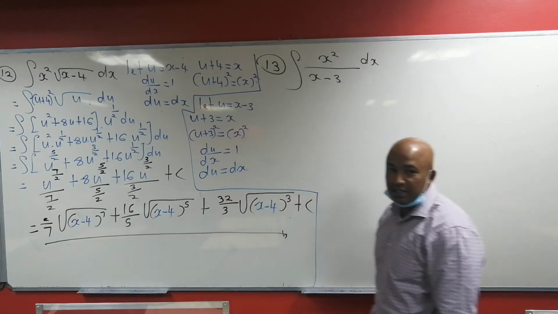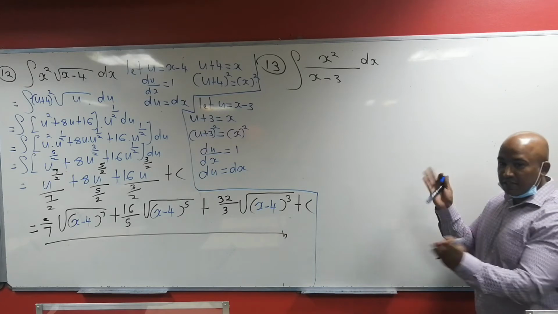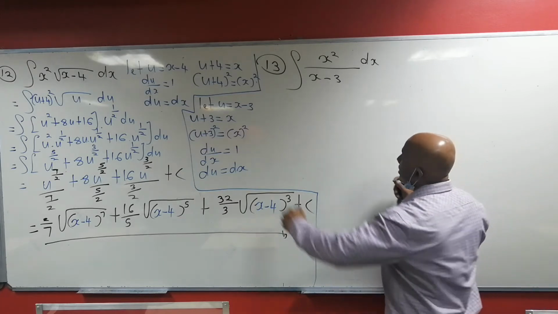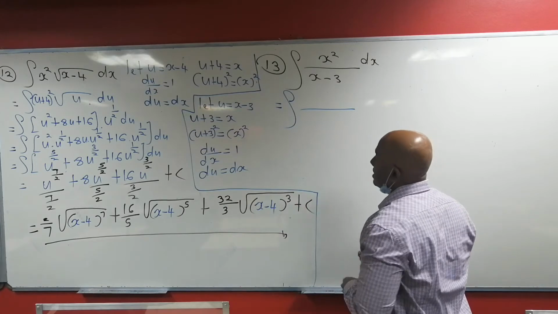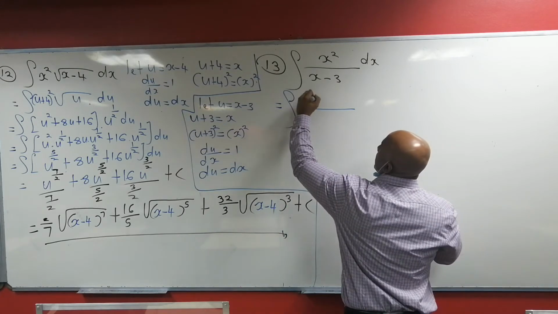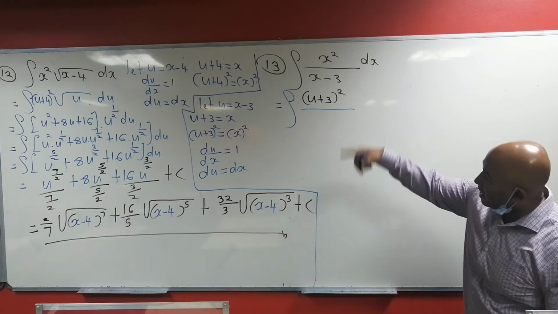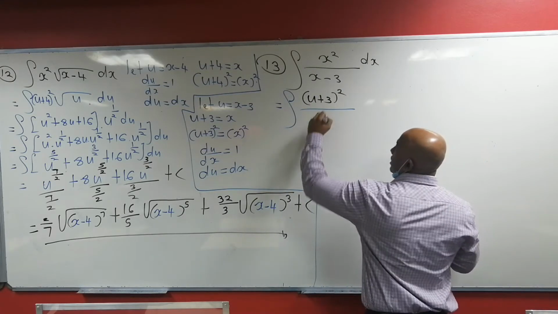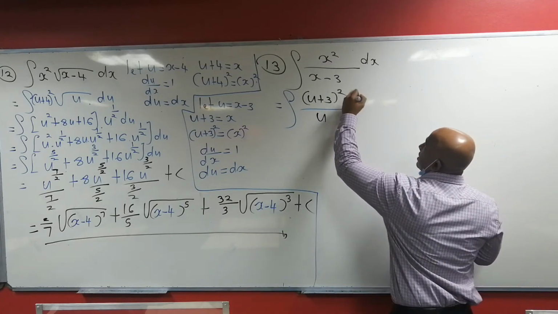We got a substitution for everything here. Right, the whole idea is the variable x must be out now. So this is now equal to, we are replacing x squared with u plus 3 all squared. You are replacing x minus 3 with u, and then you are replacing dx with du.